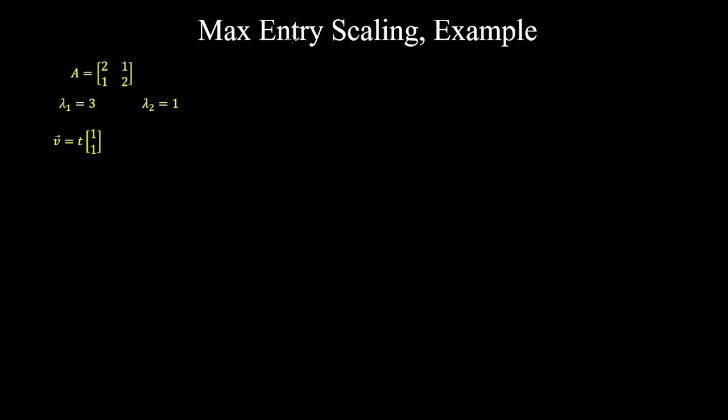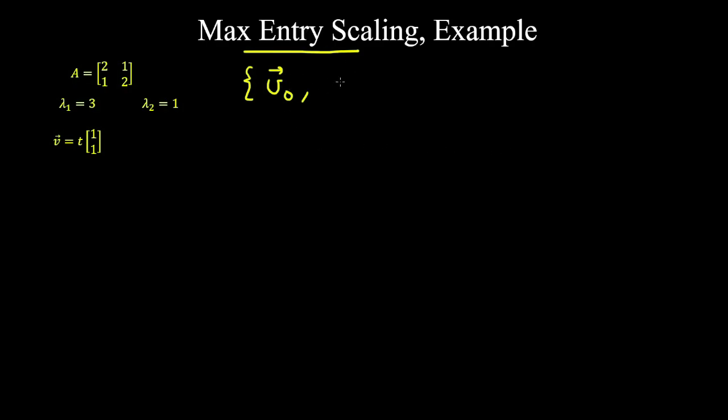The power method with maximum entry scaling is similar to the power method that we covered with Euclidean scaling, but instead our iterates in our sequence are scaled by the maximum entry in the vector.